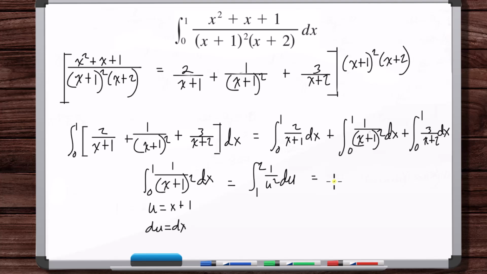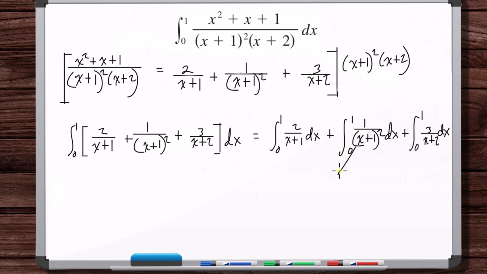So we've got minus u to the minus 1, evaluated from 1 to 2. So minus 2 to the minus 1, so minus 1 half, minus 1. Minus 1 half plus 1, 1 half, okay? So this is 1 half.